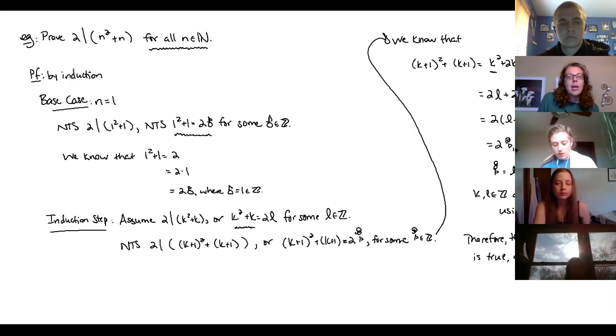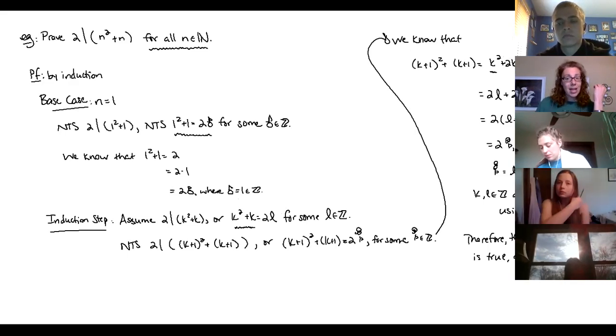You don't have to. Second thing, we had an equation with k squared plus k, right? We were able to replace k squared plus k in our induction hypothesis, and it just so happened that we had a k squared plus k in the equation that we got.